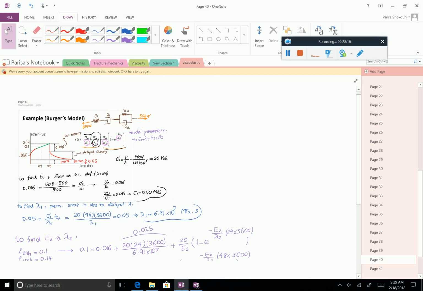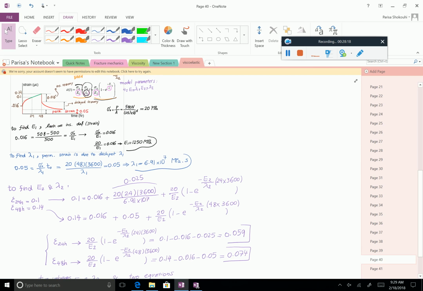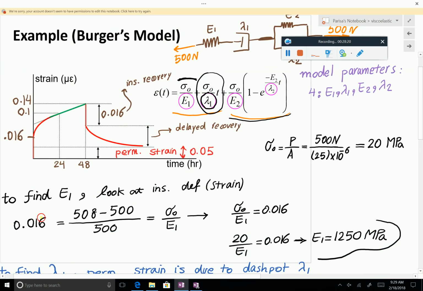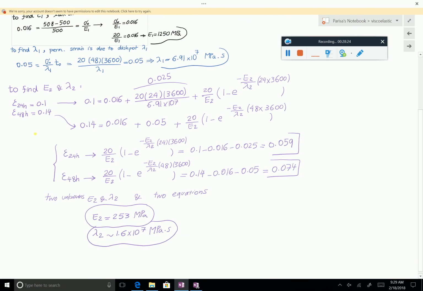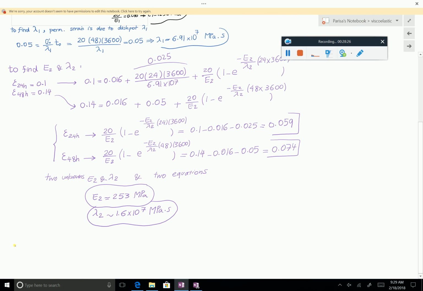For example, an alternative approach here would have been that we would recognize that the delayed recovery is related to the Kelvin model.